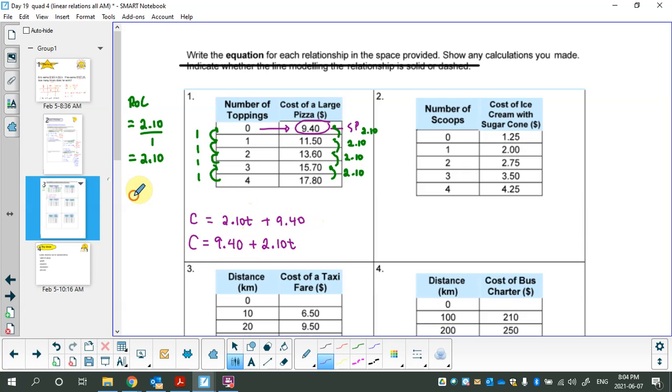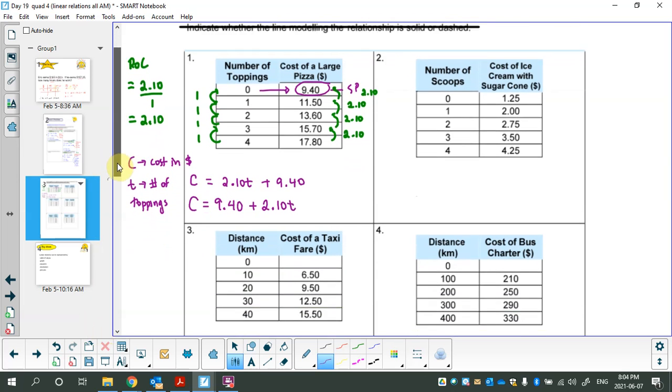So I need to tell you what I was talking about. So C is cost in dollars, and T, number of toppings.